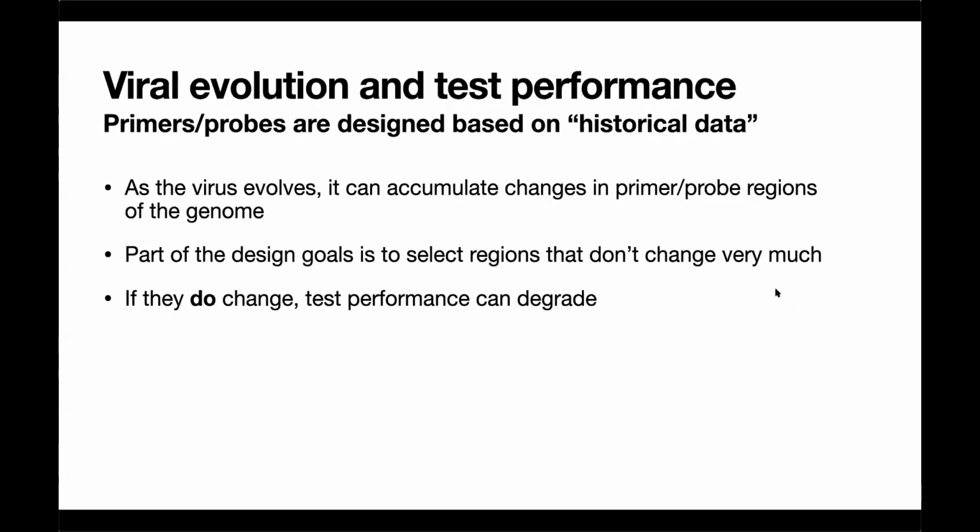However, this was in February, so a lot of the probes that are being used were set in February. So a reasonable question is that we have a lot more data now. The virus has had 6 more months, or 7 more months now, to evolve as it spreads across the world.